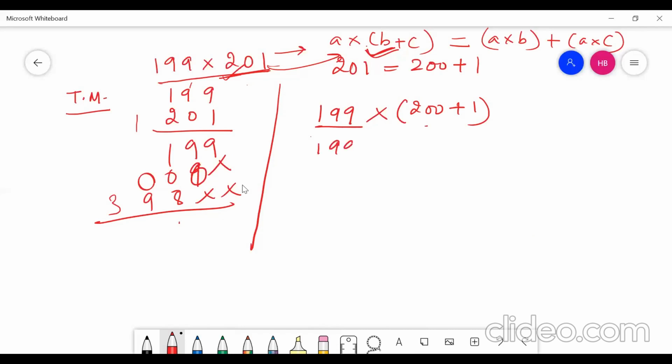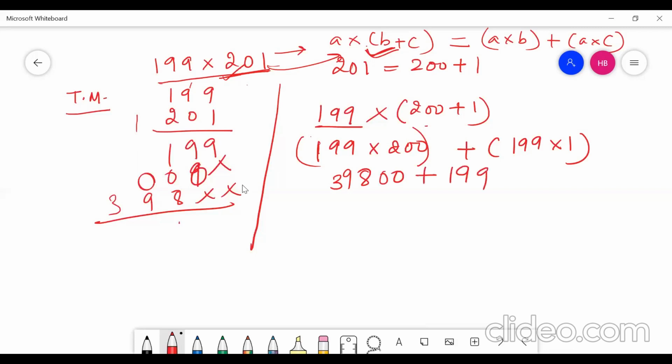So if I write 199 into 200 plus 199 into 1, right? Now see how easy it has become. So 199 into 2 is 398, then the zeros automatically will append like this, and 199. So now if I add it, 39999 is your answer. How easy this calculation was, because I was able to break 201 as 200 plus 1.